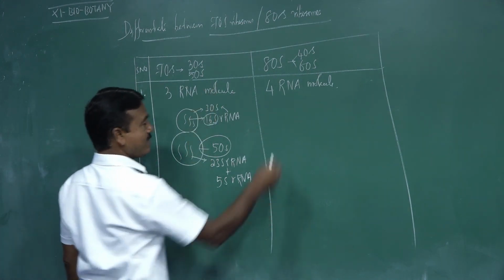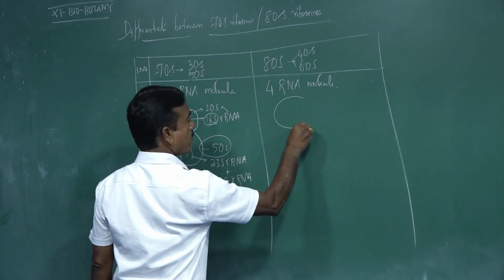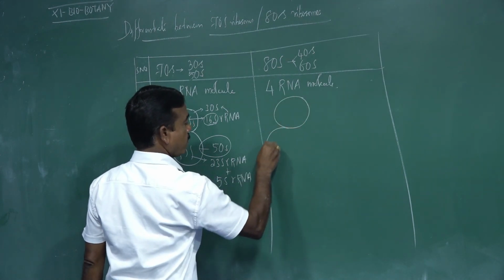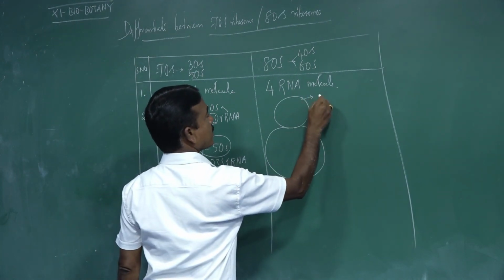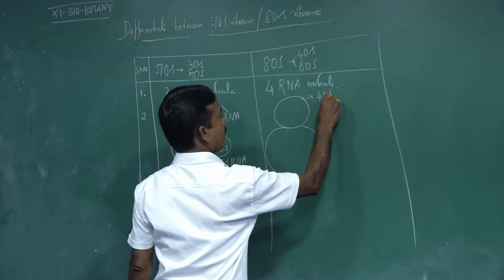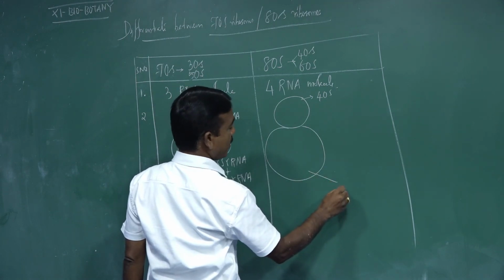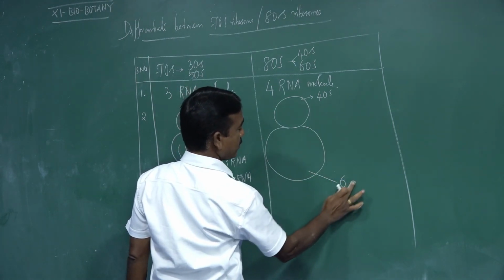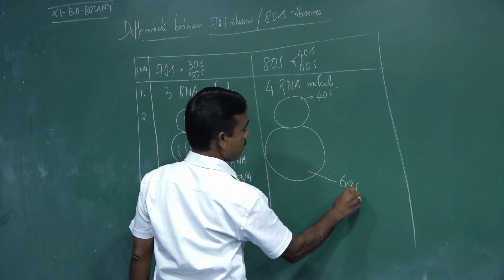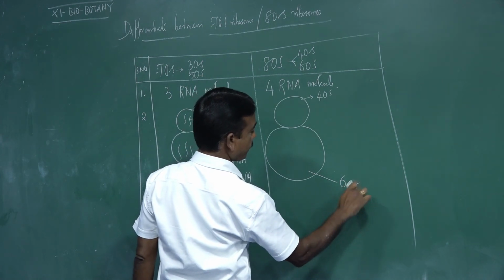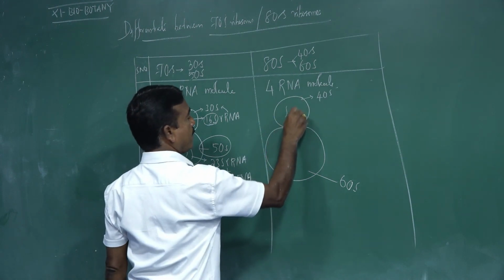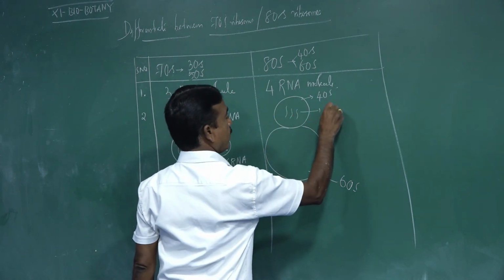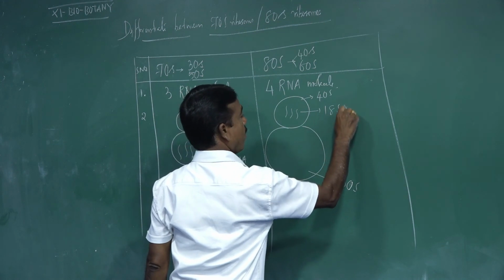For 80S, there are the 40S subunit and the 60S subunit. The 40S subunit possesses 18S rRNA.